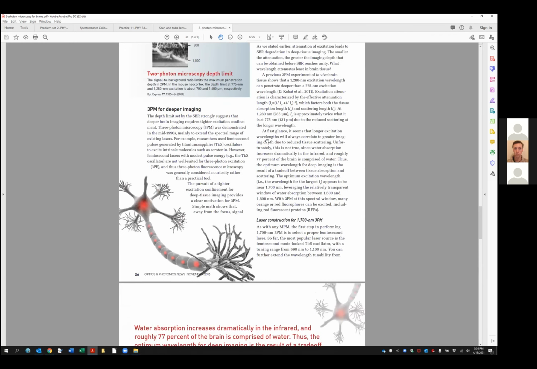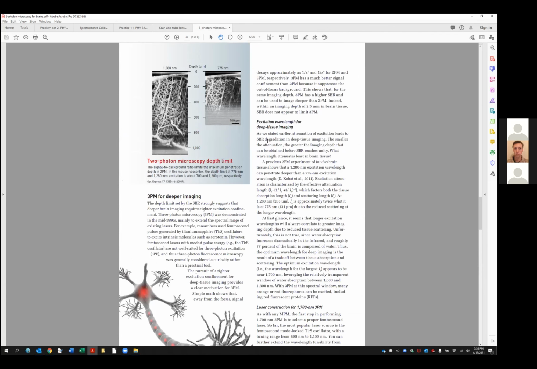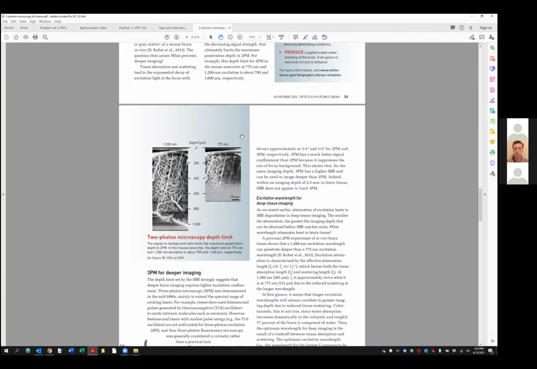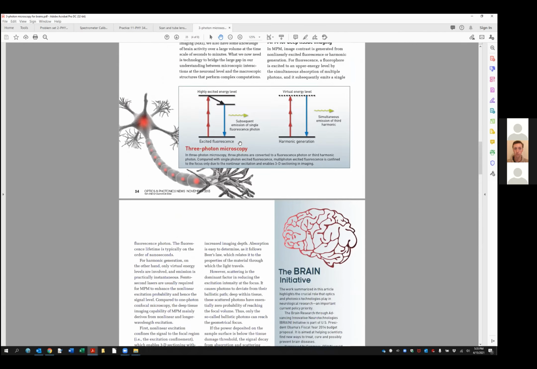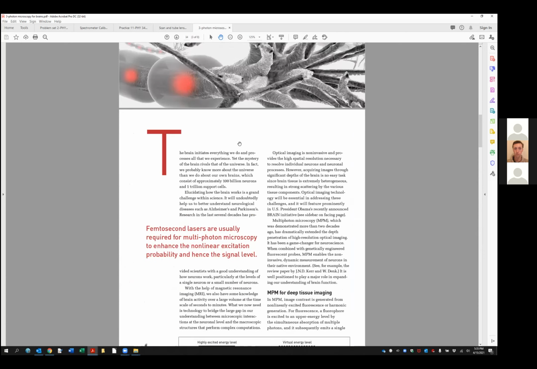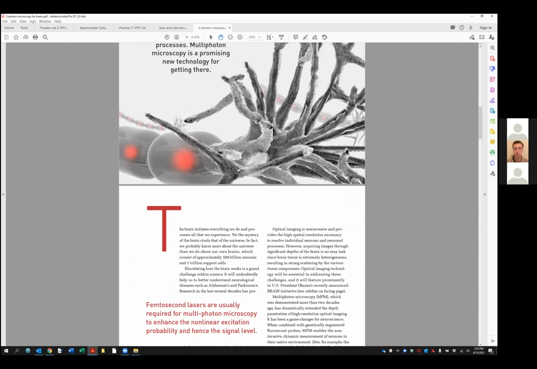We'll talk more about that later in the semester, but delivering the high powered light pulses over a very short interval of time is important. That requires very good laser development and very good fiber optic development. And so Chris Hsu is a physicist who started his career at Bell Labs working on telecommunications, but all of the things that were used in telecommunications can also be used for this.